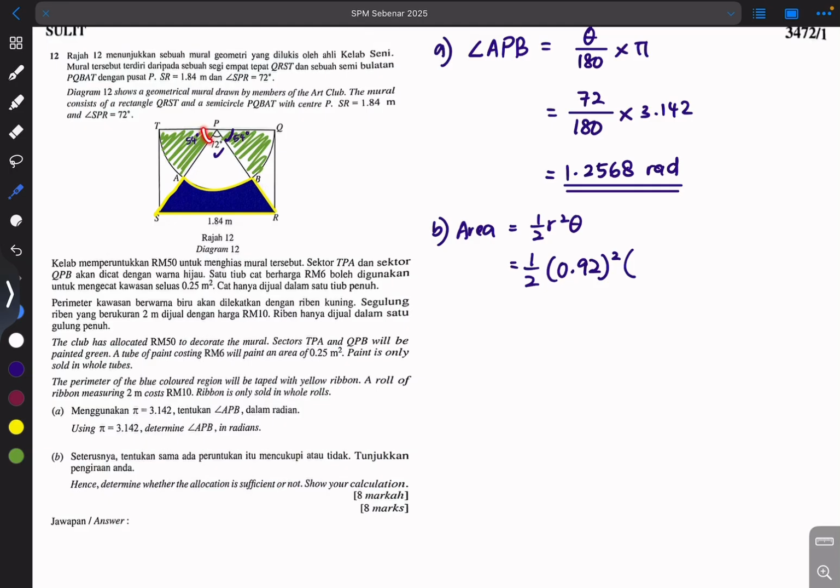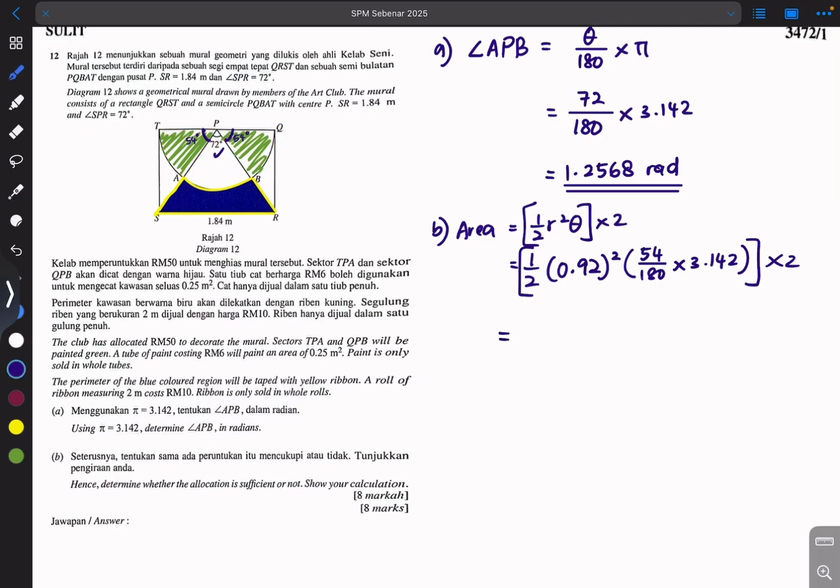I just take 54 to find one sector, then multiply it by 2. So 54 we have to convert to radians, don't forget: divide by 180 times pi. This will be the area of one sector. We need to multiply this by 2 because we have 2 sectors.